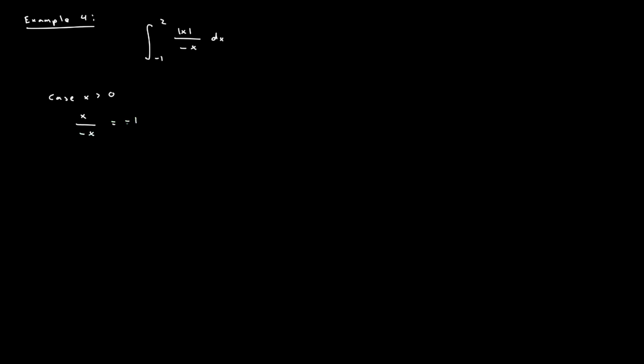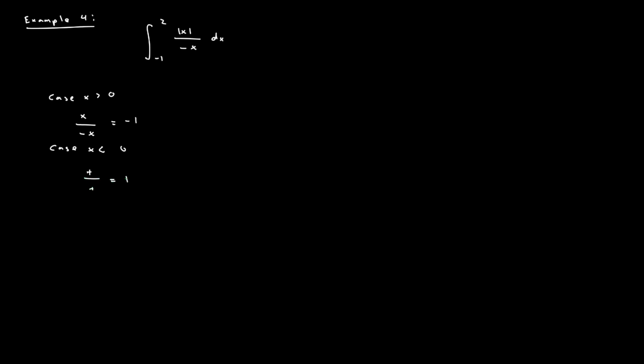And then the case where x is less than 0, the numerator is going to be some positive number, and the denominator is also going to be some positive number, so it will become 1, right?